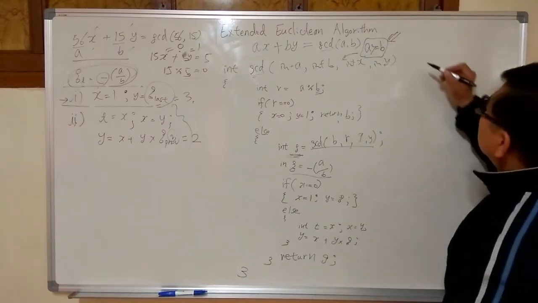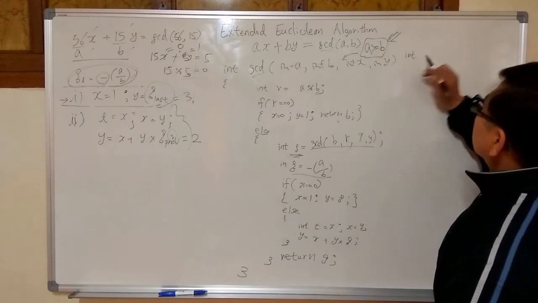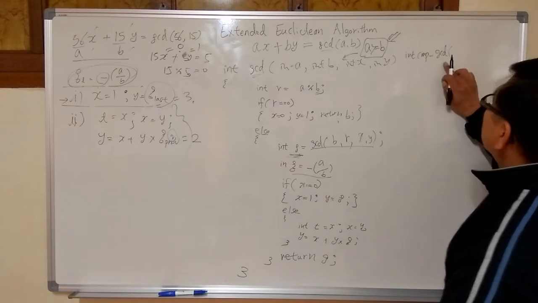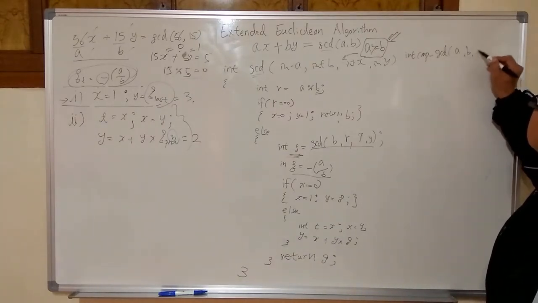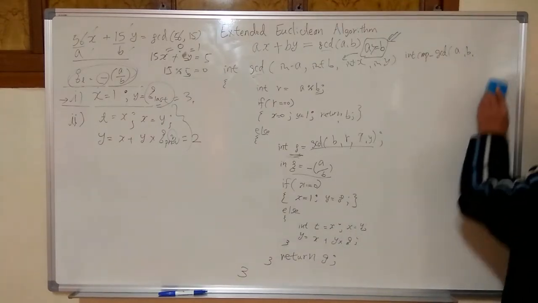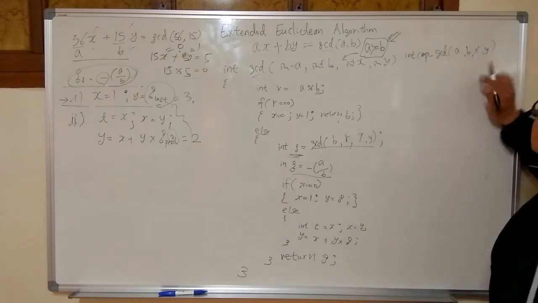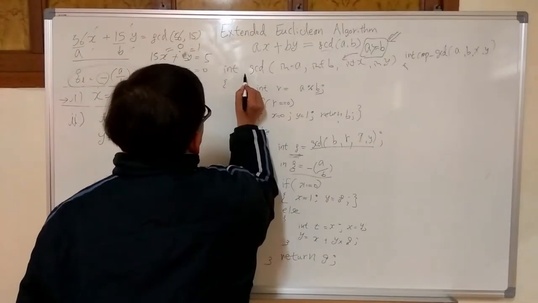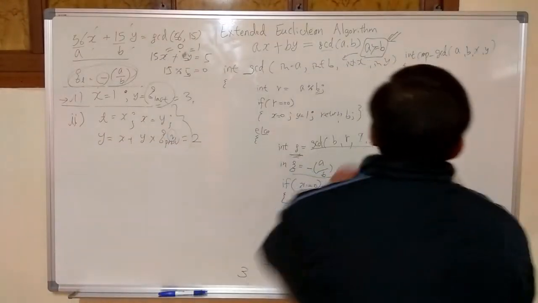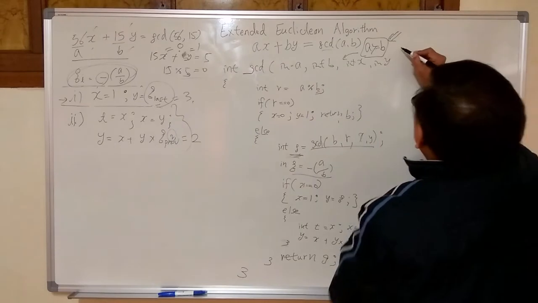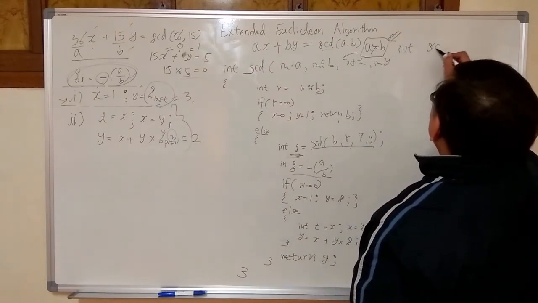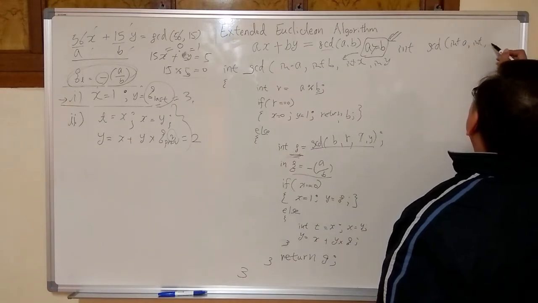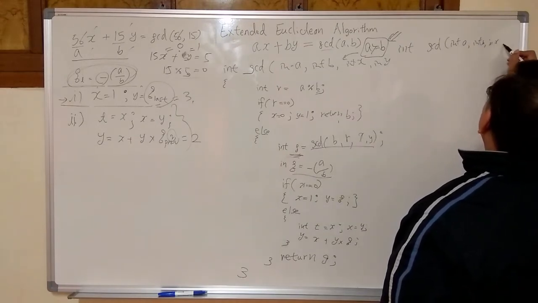For example, int compute GCD, a, b, x, y, like this. Then here I will use an underscore, this is a hidden function: int _gcd, int a, int b, int x, int y.